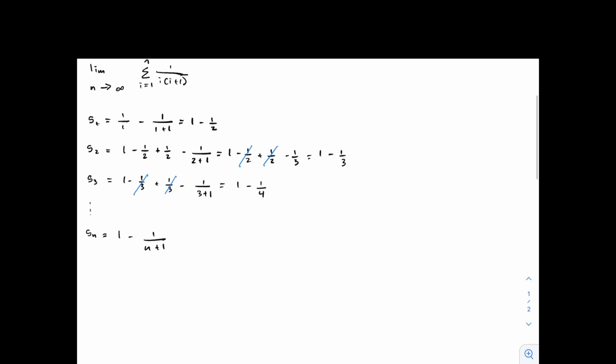And now, using this idea that the infinite sum is really a limit as n approaches infinity of partial sums, we can find that the infinite sum is given to us by the limit as n approaches infinity of s sub n. In turn, this is the limit as n approaches infinity of 1 minus 1 over n plus 1.